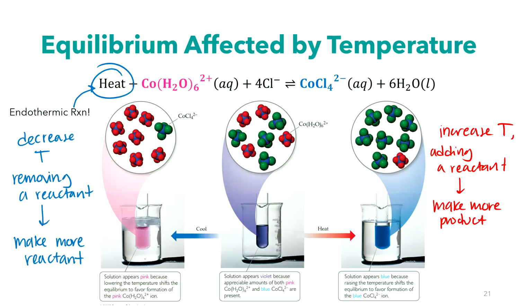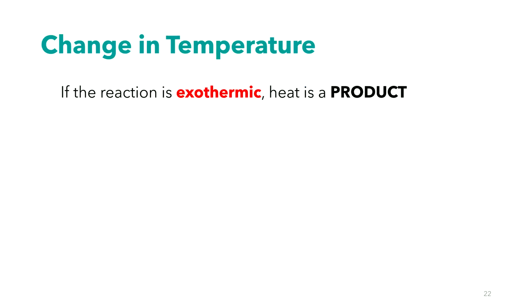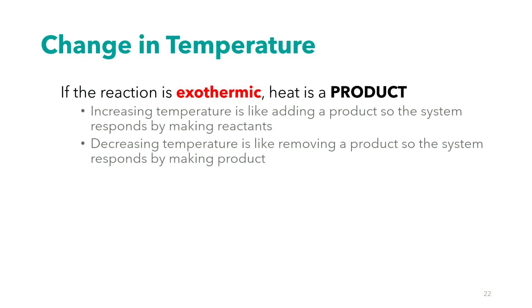Here are your rules for how temperature changes these things. If the reaction is exothermic, you think of heat as a product. So if you increase the temperature, that's like adding a product, and so we're going to consume product if we add product. Decreasing temperature is like removing a product, so the system responds by making it.